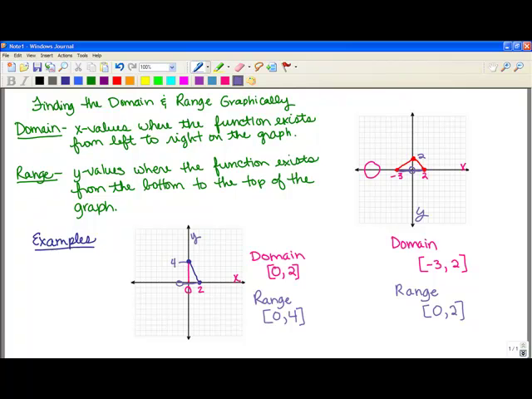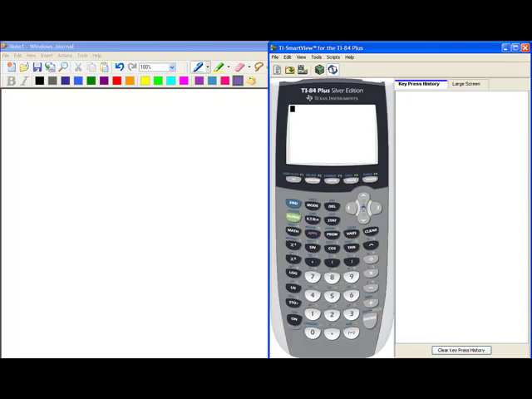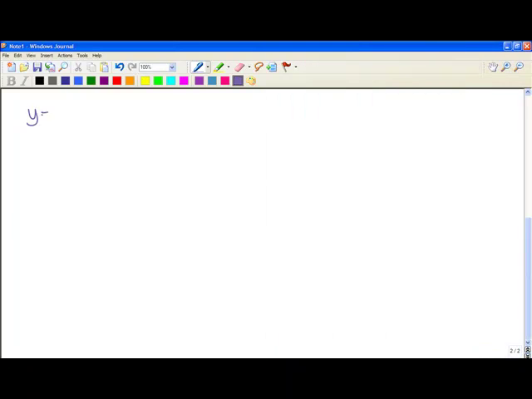Now the next functions we're going to graph in the calculator and find the domain and range. The first function I want to graph is y equals the absolute value of x minus 4. We want to find the domain and the range.